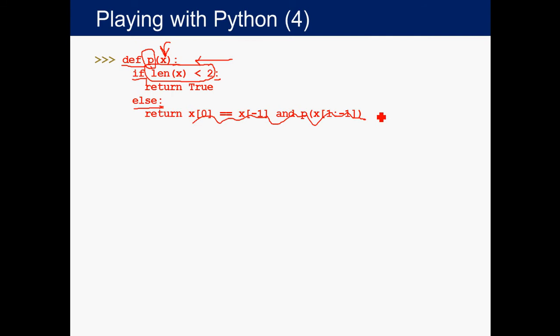You can say return false if you like. All right? And then to verify this, P ABC, then it returns something. Okay? Let's try this.